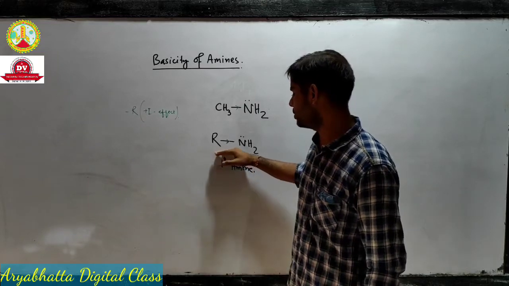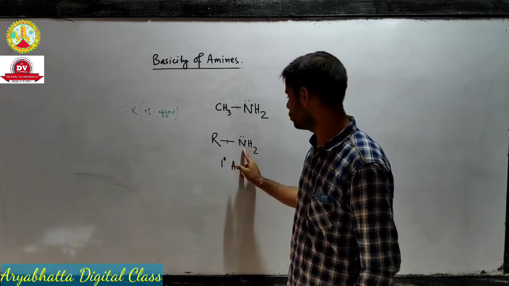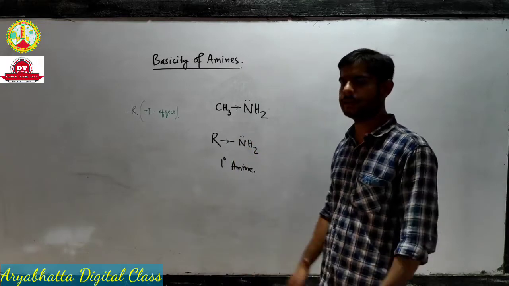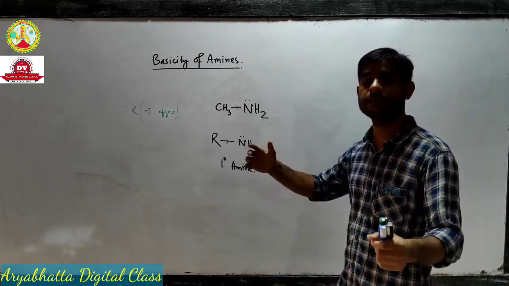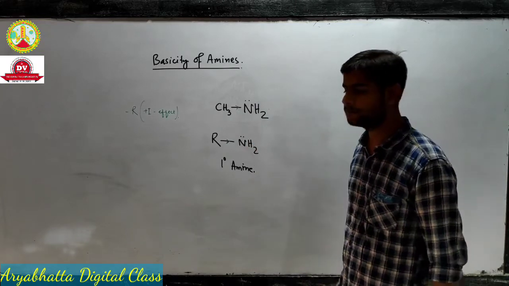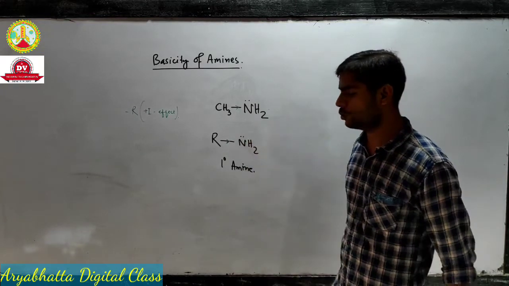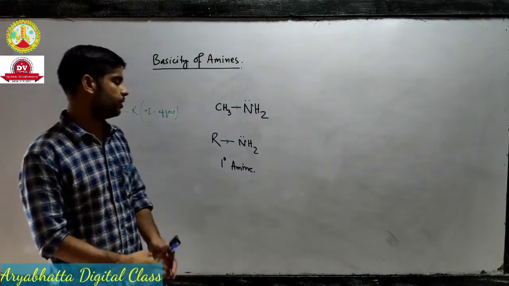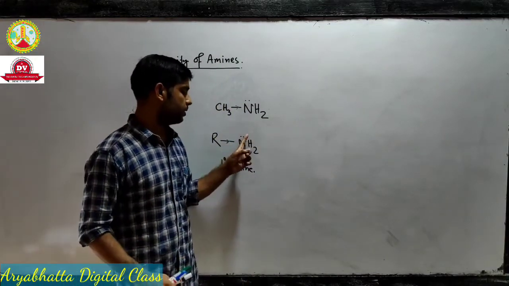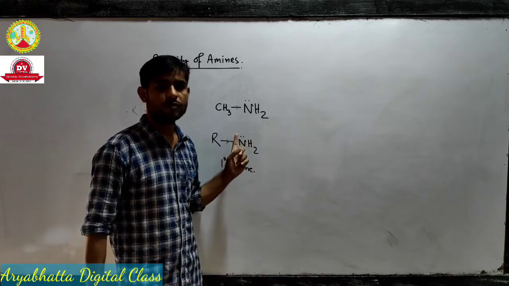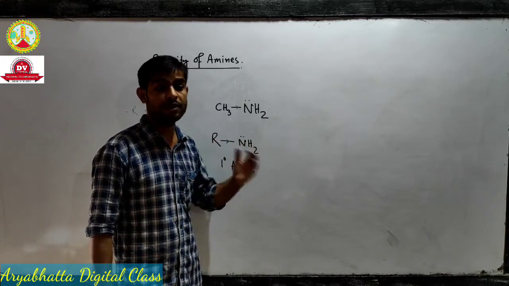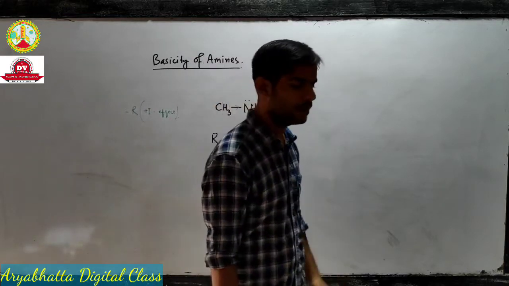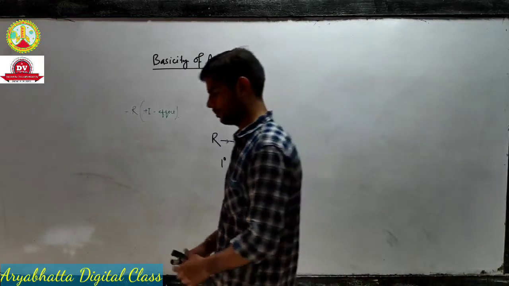Since R is pushing electrons towards nitrogen, the electron density around this nitrogen atom will increase, and as a result the availability of this lone pair will also increase, because the density of electrons is increasing around the nitrogen due to the plus I effect.